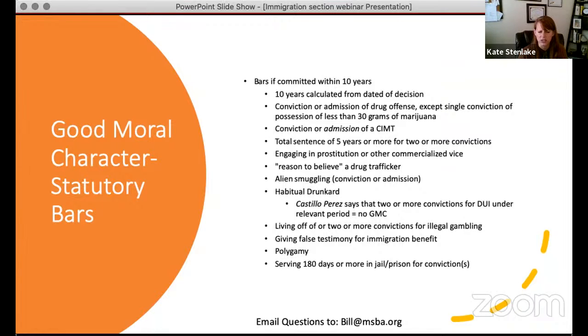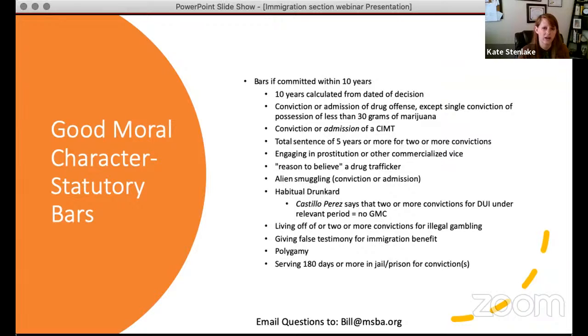I saw there was a question and I missed it. The question is, can you repeat the difference between the 10 years for good moral character and the 10 years for physical presence? Okay, sure. For the 10 years of physical presence, you have to look at what stops the clock. Most of the time, the clock will have stopped before you actually go to your merits hearing, at least under the law right now.